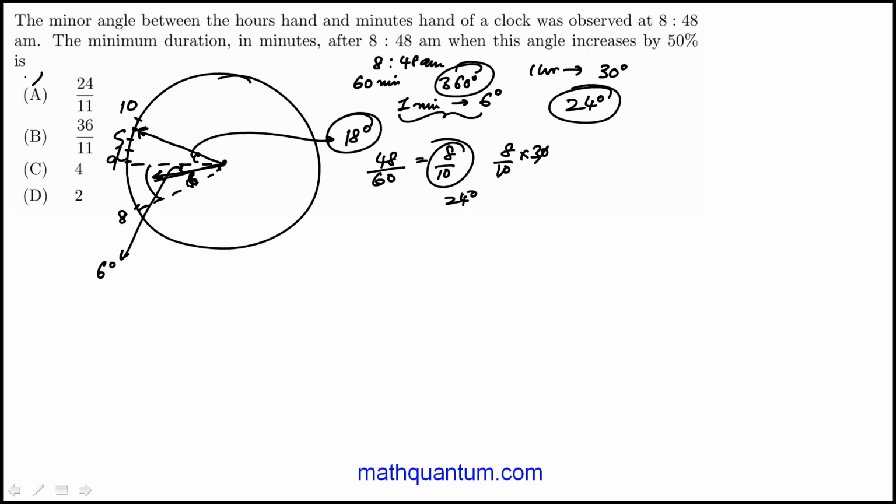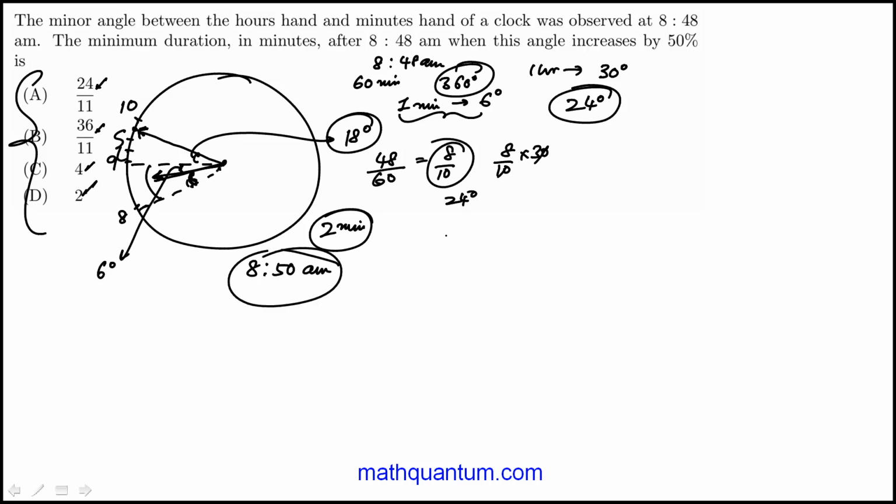Now, one thing you could do if you get confused in the exam is to just say, well, if you look at the answers, 2, 4, this is about 3, that's a little bit more than 2. We could say, let's look at just after 2 minutes. Something you can do if you don't want to write it algebraically. So we're looking at finding the angle when the time is at 8:50.